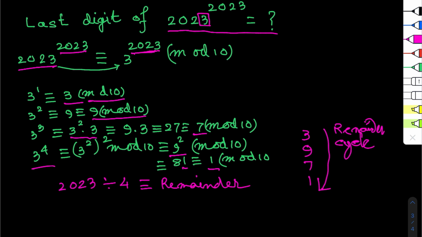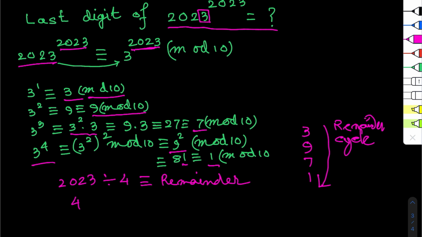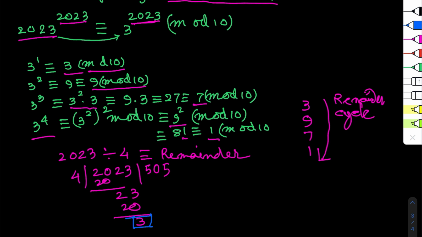So okay, now divide 2023 by 4. Clearly the remainder is 3.